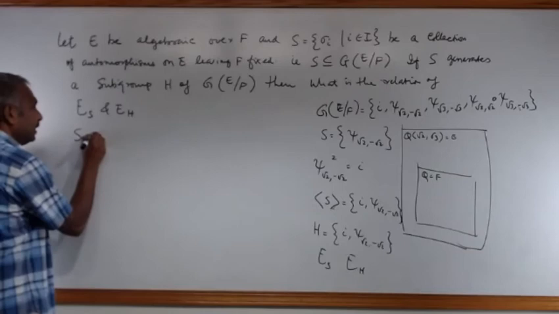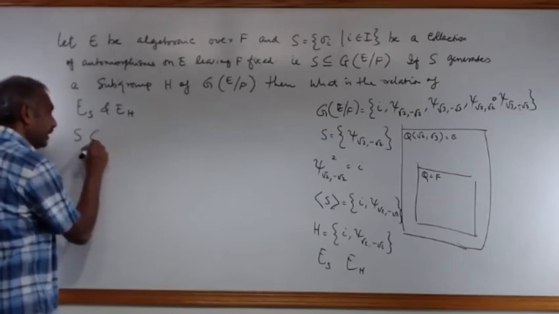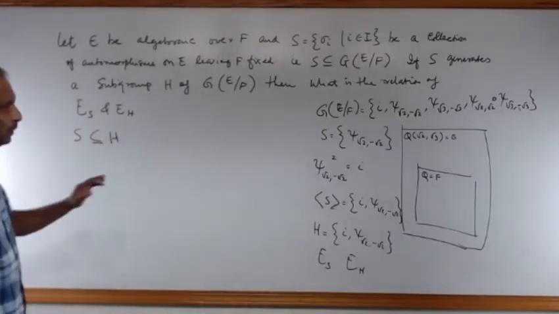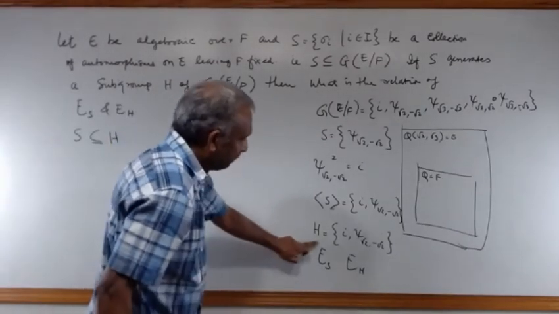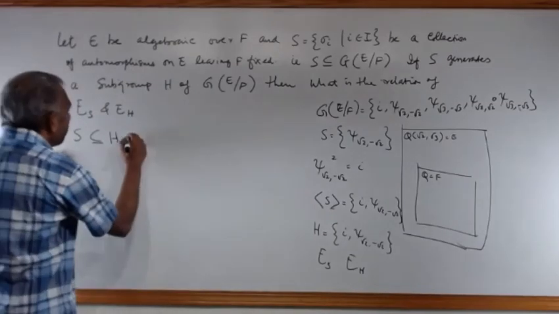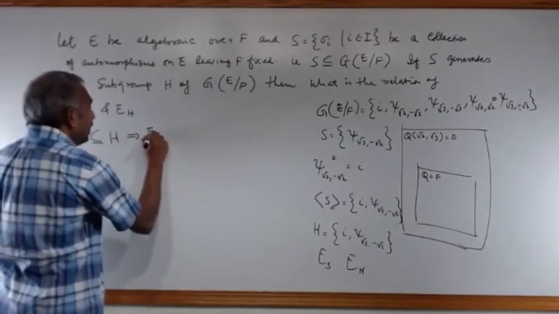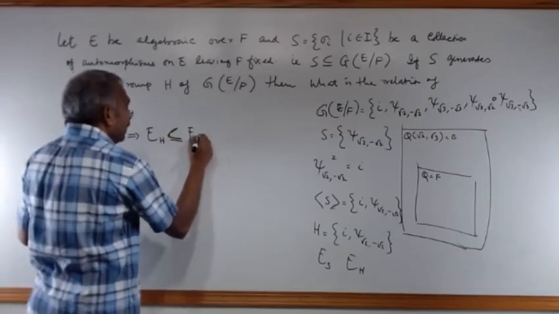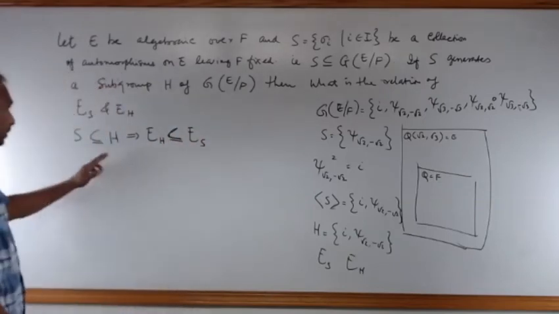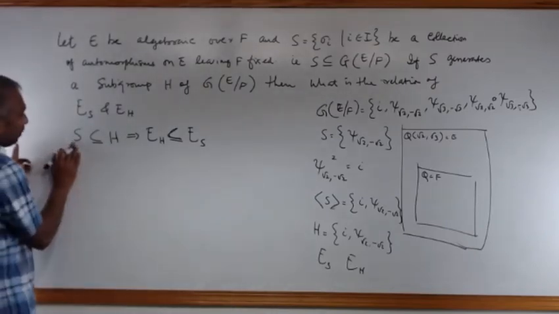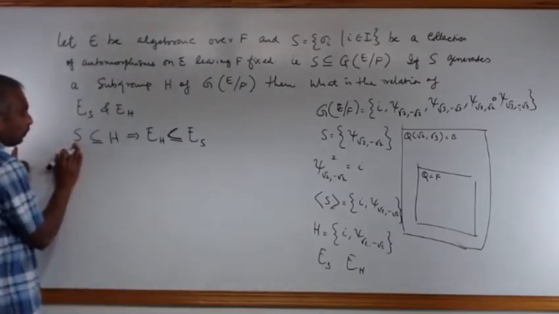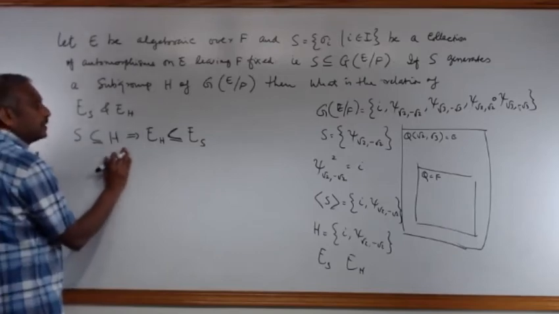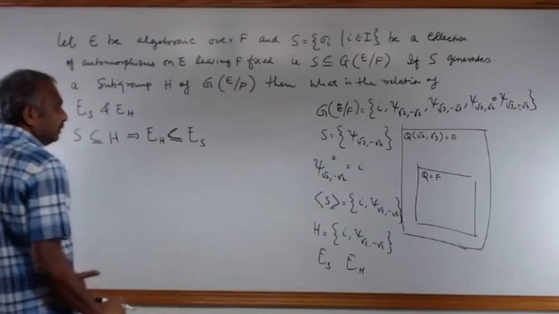S generates H, so S is definitely a subset of H. That implies E_H is contained in E_S, because H has a greater number of automorphisms than S, so the fixed field goes the other way.